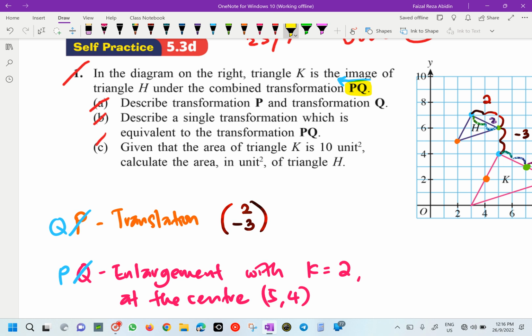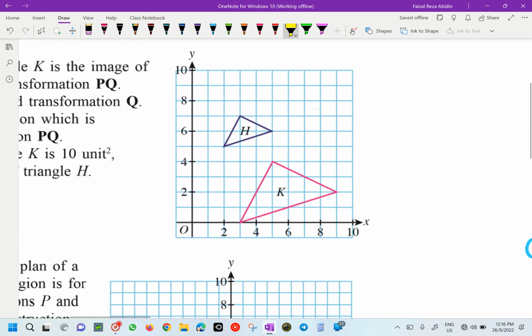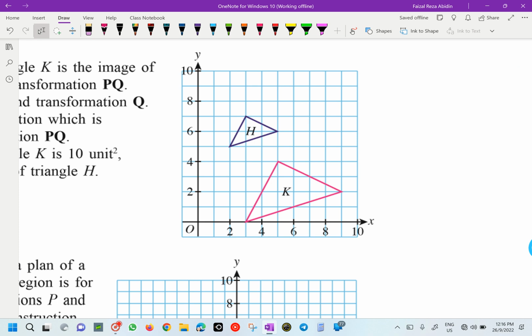Now, describe a single transformation which is equivalent to the transformation PQ. Straightaway, enlargement. How are we going to find our enlargement here? I'm going to have the same one just now: blue, green, and also orange.